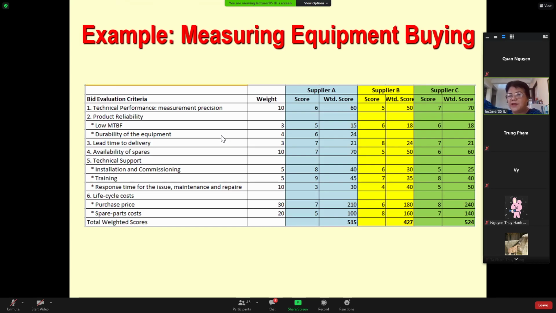Of course, you identify the scope of work first, but then you define the criteria and then you assign the weighting factors. In this example, this is the equipment that you are going to buy from supplier A, supplier B, or supplier C. Those are the three suppliers that offer you a quotation based on the six criteria you defined.